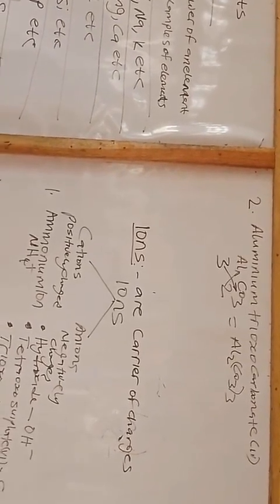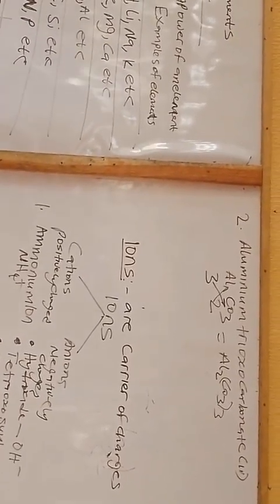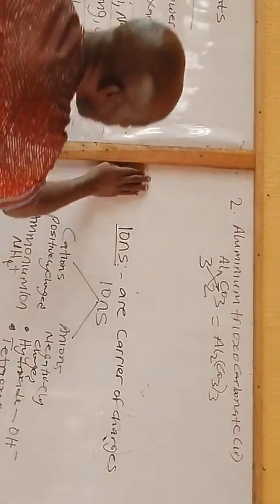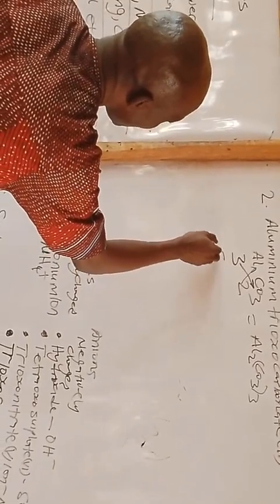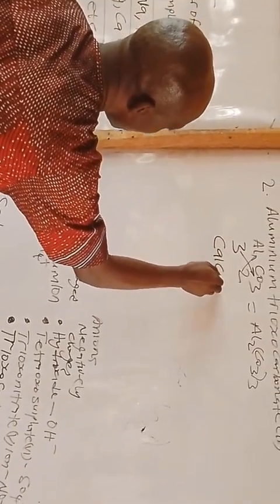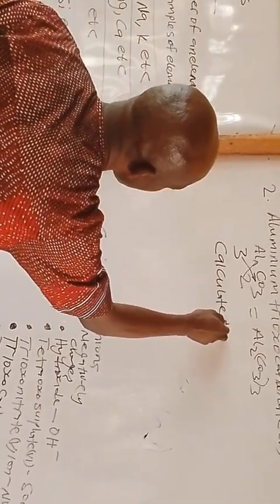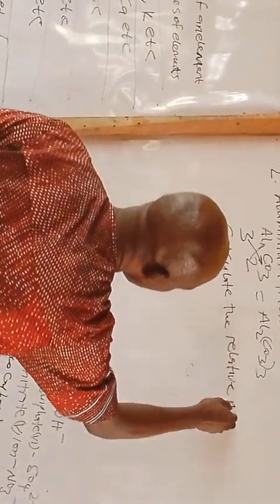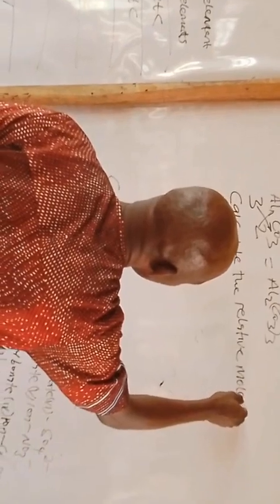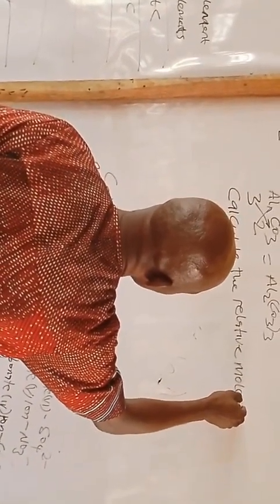Let's take an example of the calculation that will affect that, so that you will appreciate the importance of writing the correct formula. Say, calculate the relative molecular mass. This is a common question in JAMB, WAEC, NECO, NABTEB, and others.